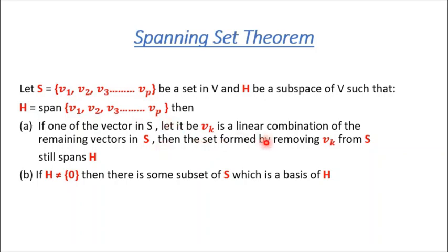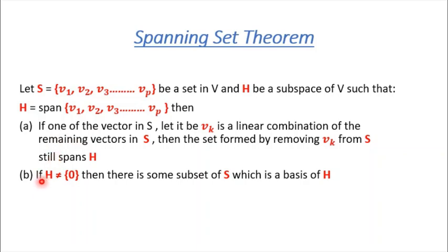Then the set formed by removing Vk from S still spans H. That means if I find any vector among these which is a linear combination of other vectors, then I can remove that vector. Then all the remaining vectors after removing that still span H. That means still the remaining set will be a spanning set for the subspace. This is the first bit.